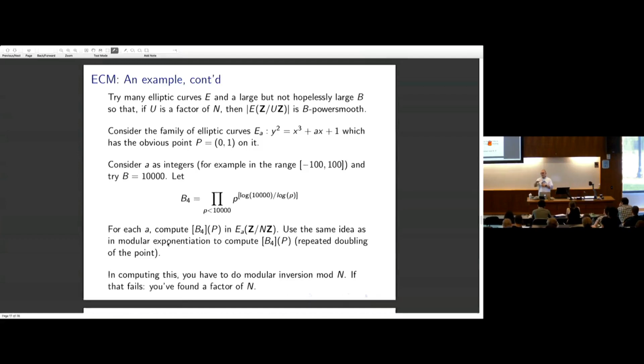When you compute 1 over x1 minus x2 mod n, if x1 minus x2 has a factor in common with n, you get a crash. And I cleaned it up since then. Or in the doubling, you divide by y. And it's the same thing. So you just keep an eye out for those.